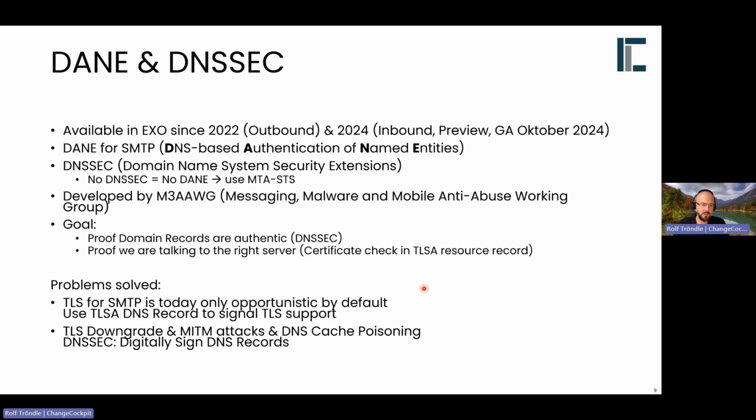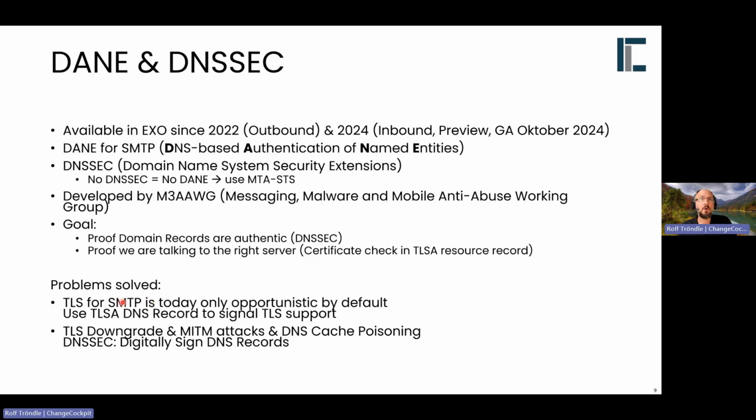You could do this currently in Exchange Online using a partner connector, but then you need to do this for every recipient. You could use a star partner connector, but if the recipient doesn't have TLS at all, then your email wouldn't be delivered. So that doesn't make any sense in this case.